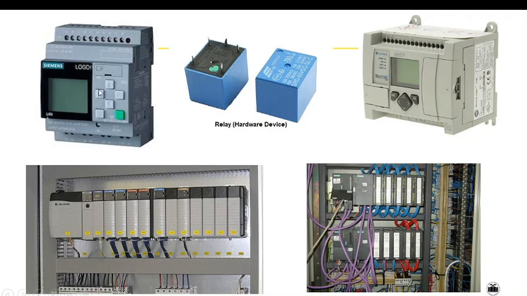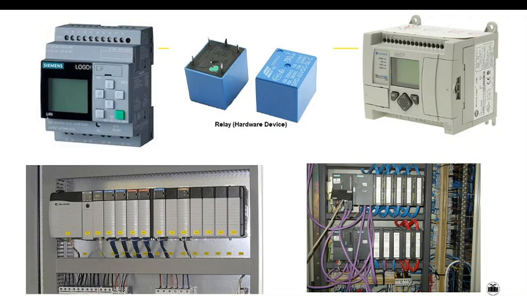This is the fixed configuration of PLC which we cannot expand, and this is the modular configuration of PLC which we can expand, which means we can add inputs or outputs to these PLCs. If you open this cap, then there is an arrangement of these relays in these input output cards.